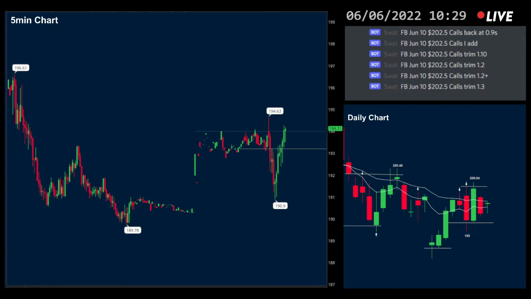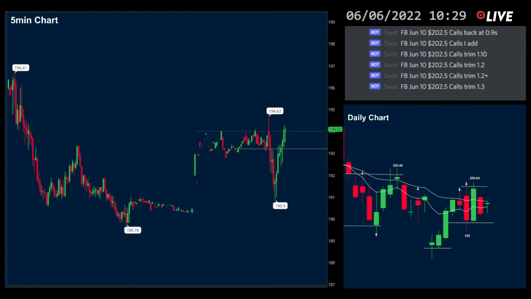Trying to have some patience. We are holding Facebook calls. Facebook needs above 195. Above 195, it has $200. It was nice to close those calls and buy them cheaper, below $1.